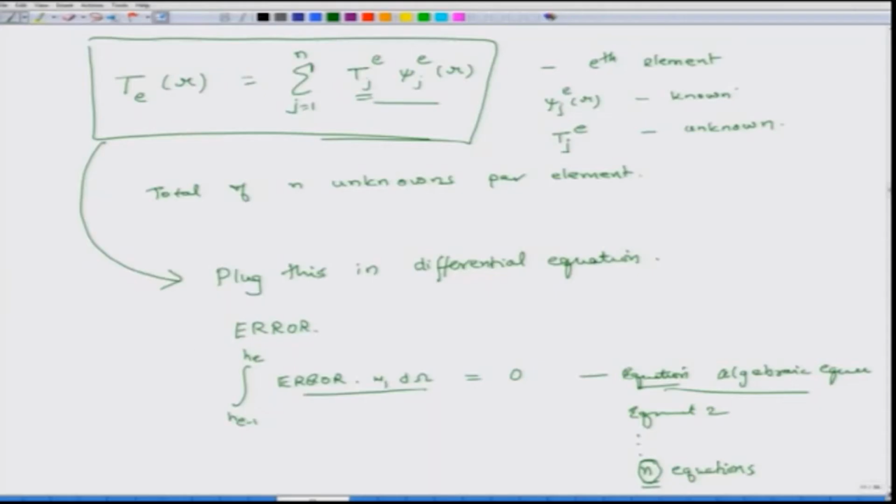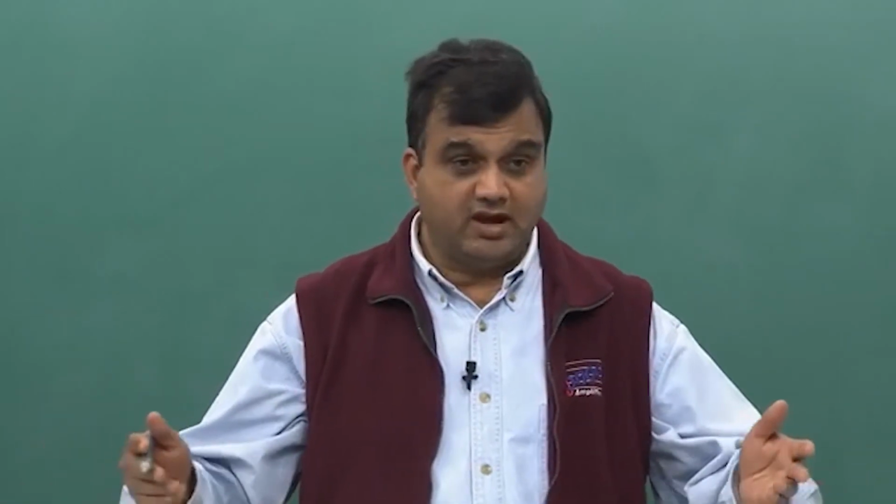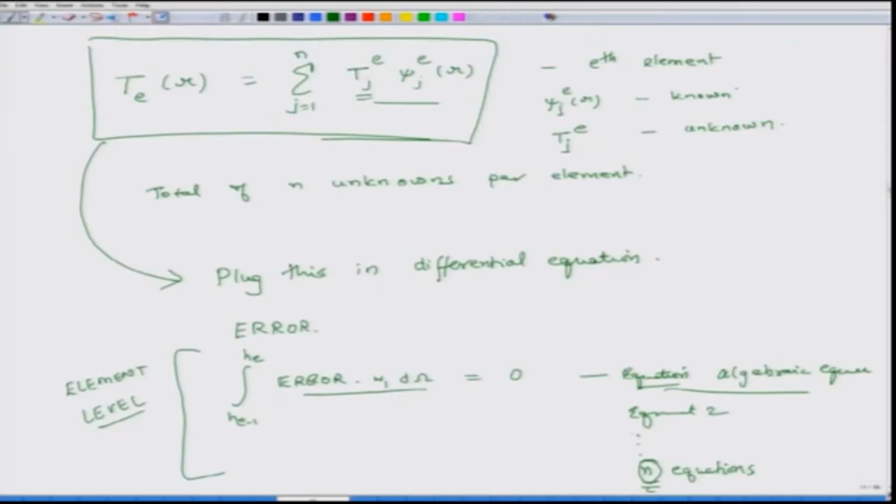But right now we are at what level? Element level. So we develop n equations at element level. Okay. And at this stage we do not solve it. Why? Because we have to connect our element to the neighboring element.